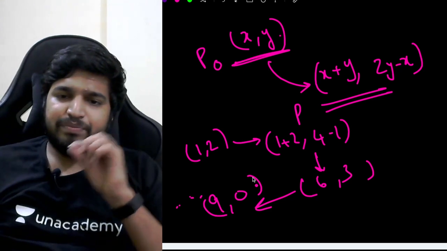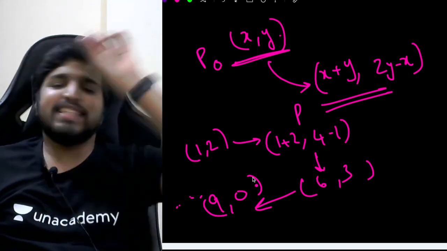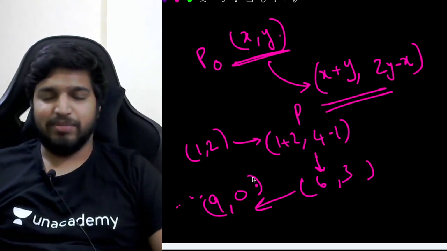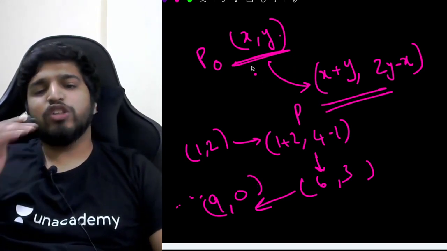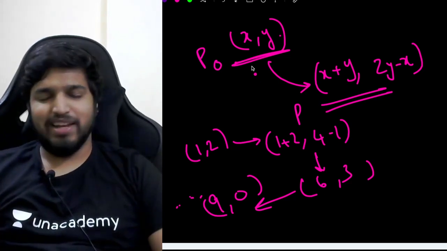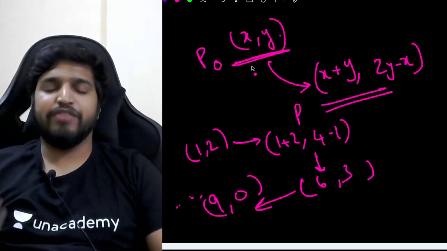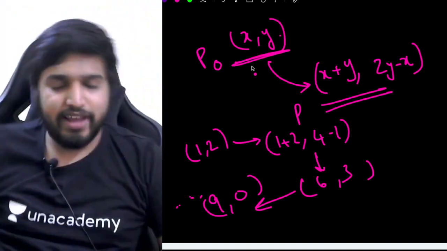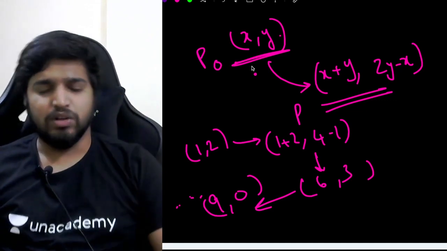Like 1 comma 2, then 3 comma 3, then 6 comma 3, then 9 comma 0, and so on. That will be a long process. If you want to calculate where it goes after 100 transformations, it's not feasible, not scalable. If the problem demands you solve this for 100 or 1000 transformations, that's very slow.